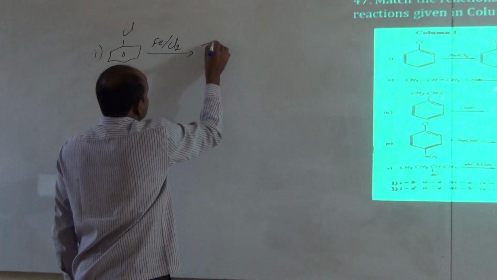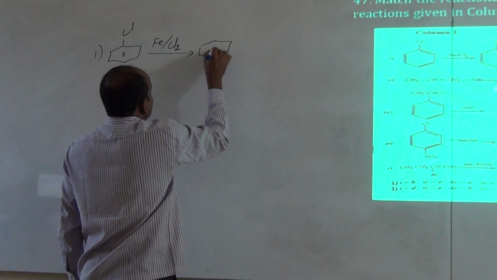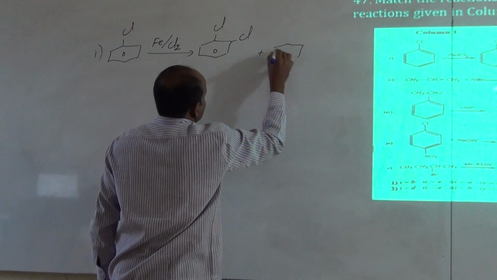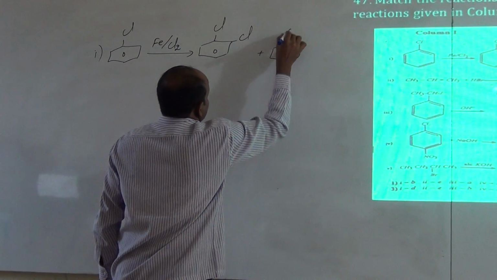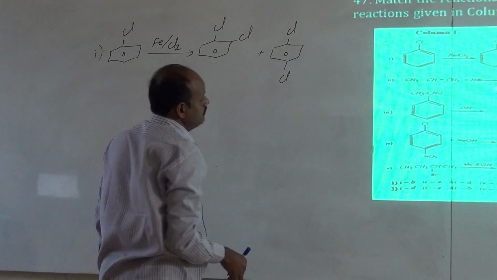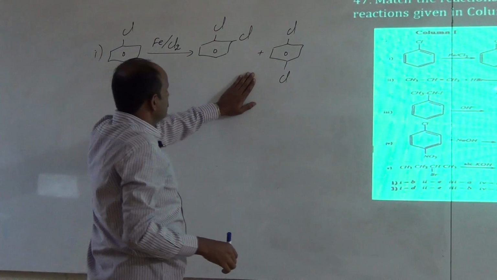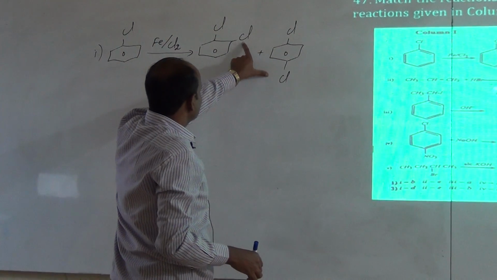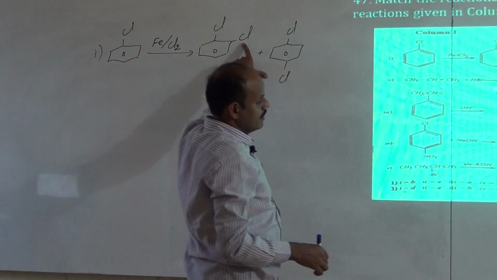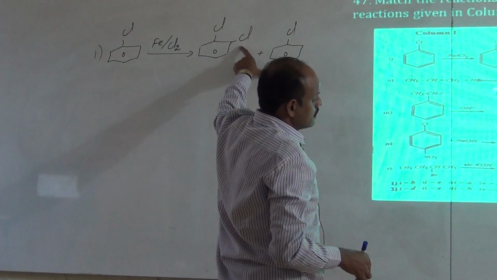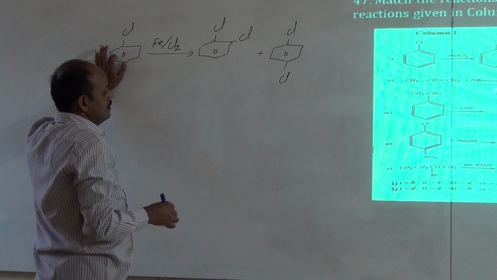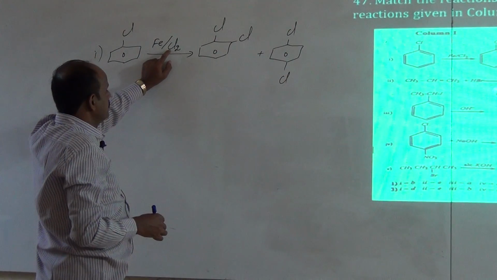Then it gives orthodichlorobenzene and paradichlorobenzene. Which type of reaction is this? It is the electrophilic aromatic substitution reaction. Okay. Because here this is the aromatic compound, aryl halide, involved in halogenation.